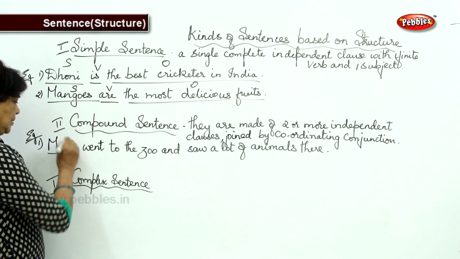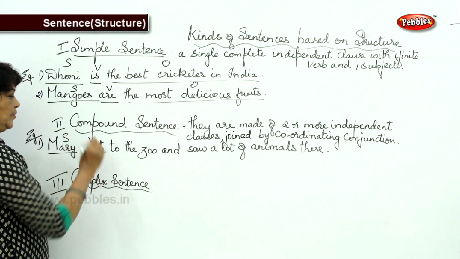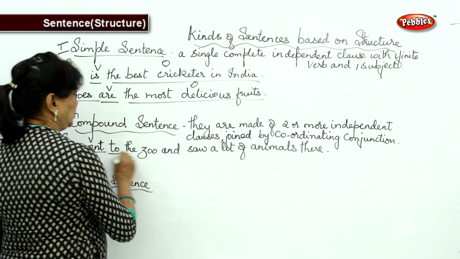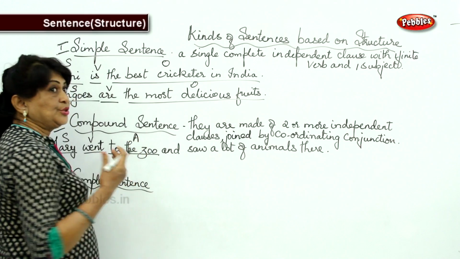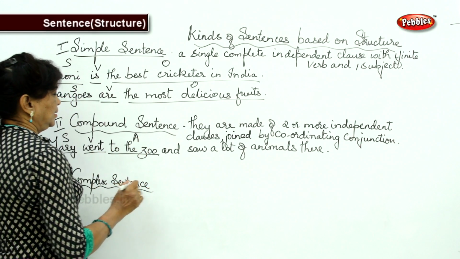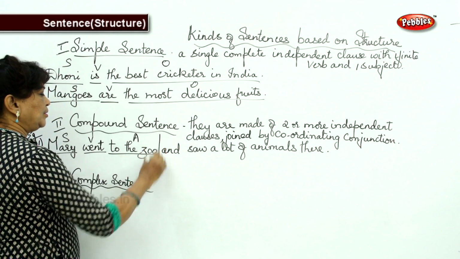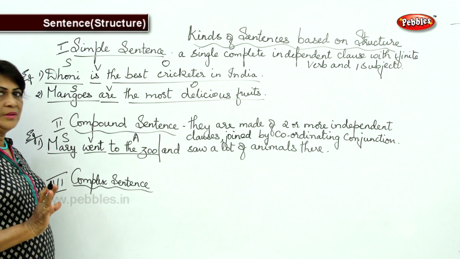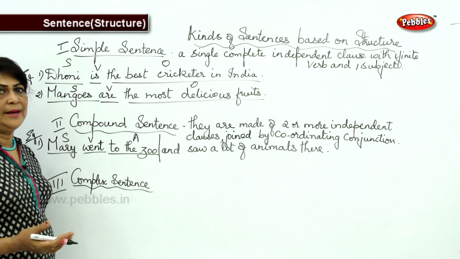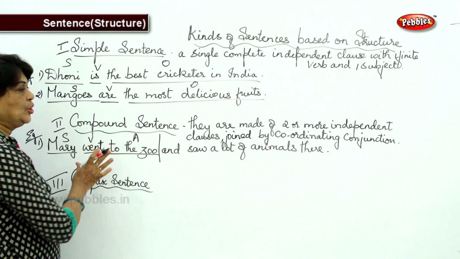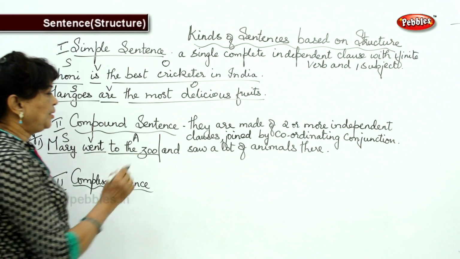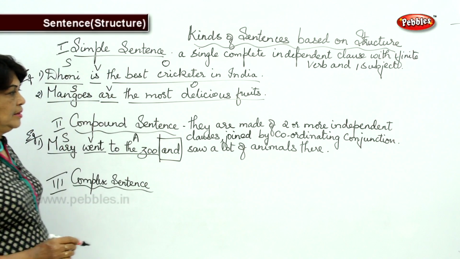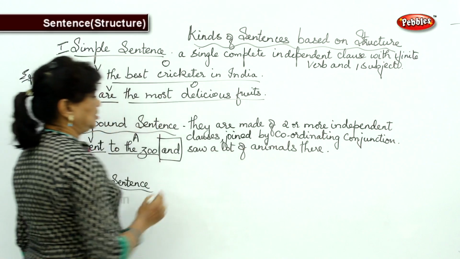Mary is the subject, went is the verb. Where did she go? To the zoo is an adjunct because it denotes a place. Mary went to the zoo. Now, this alone can stand separately without depending on anything. So it is an independent clause and it is joined by the coordinating conjunction and.